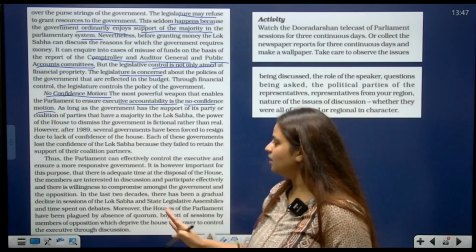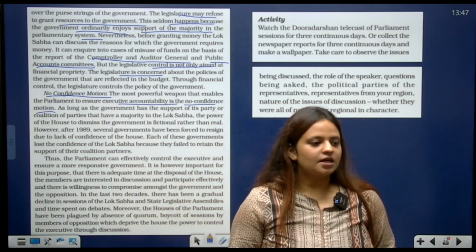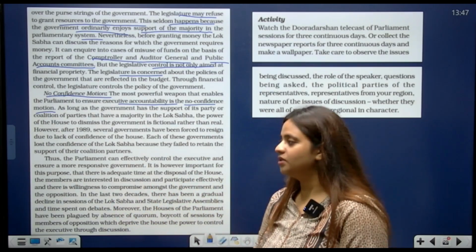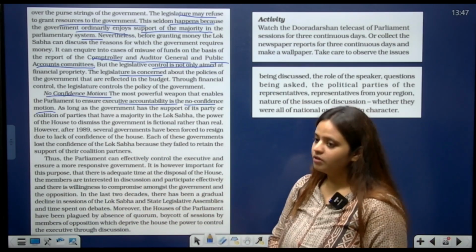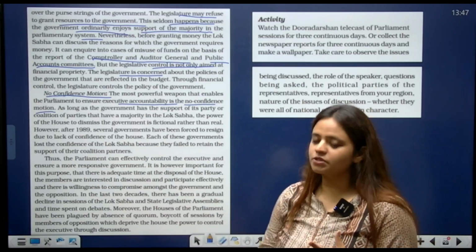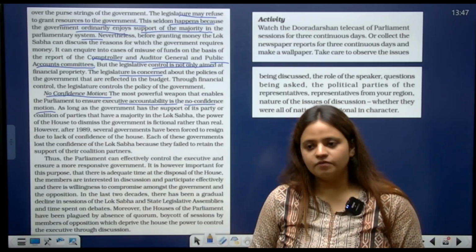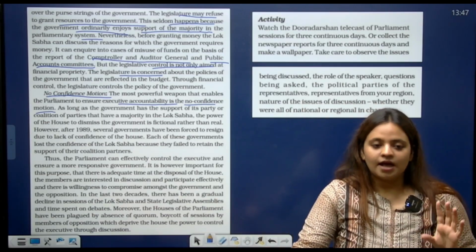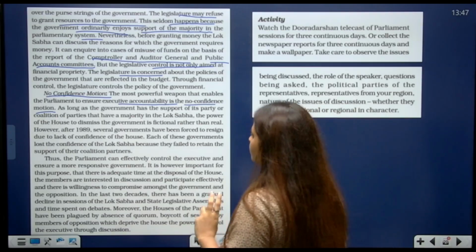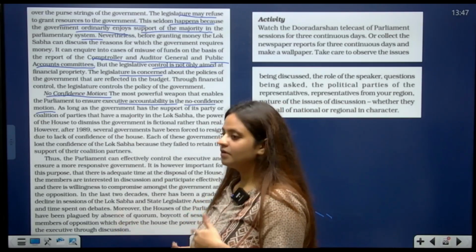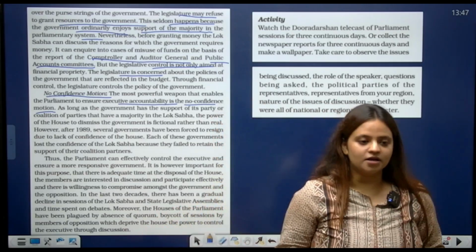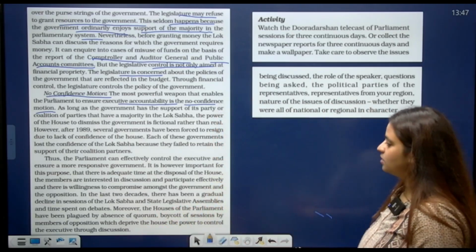So these are some instruments that are given to the parliamentarians, which in return can control the executive and keep a check on it, so that the executive does not become a dictator and does not blindly have arbitrary powers over the representatives of the people.